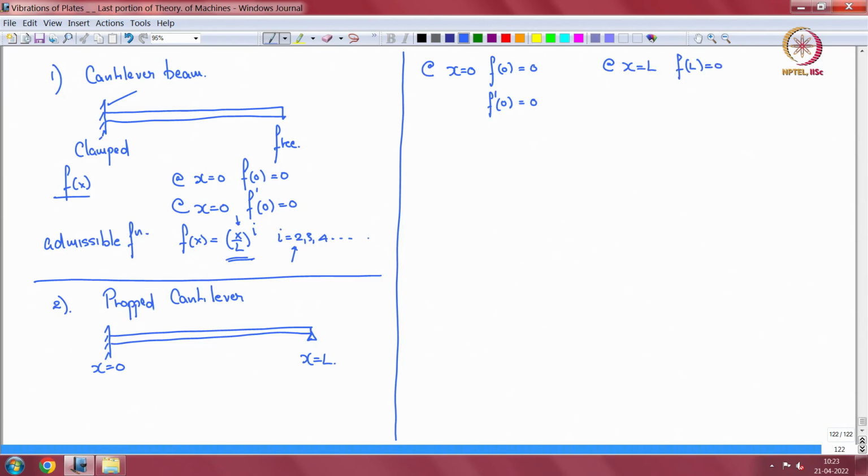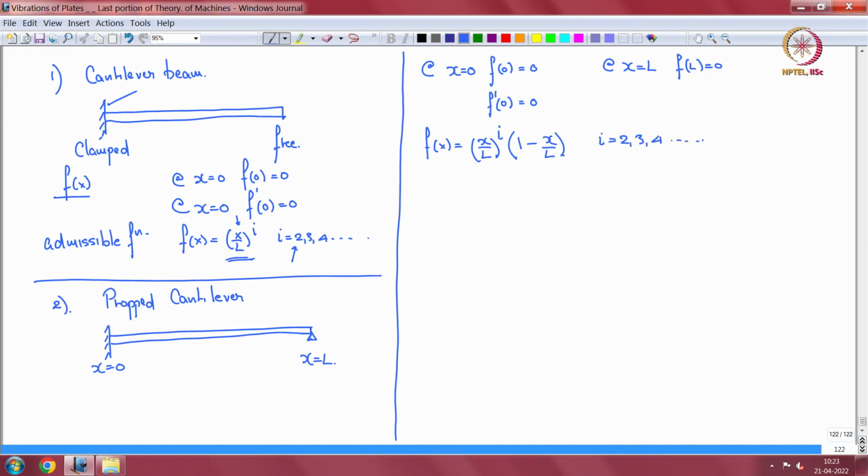So the possible admissible functions are f of x is equal to x over L whole to the power i times 1 minus x over L, i starting with 2, 3, 4, etc.